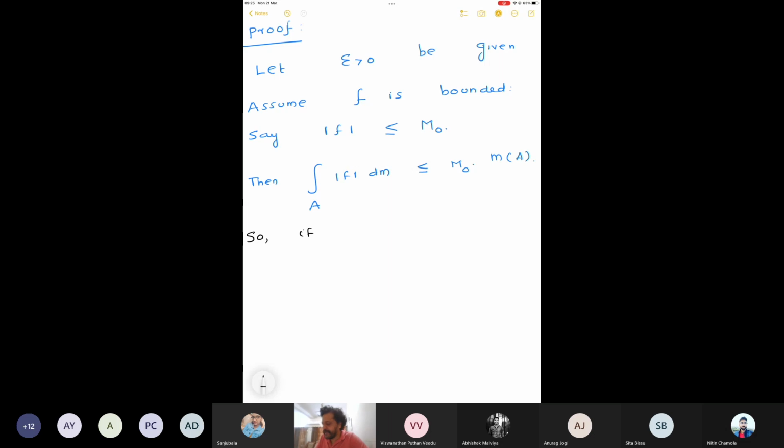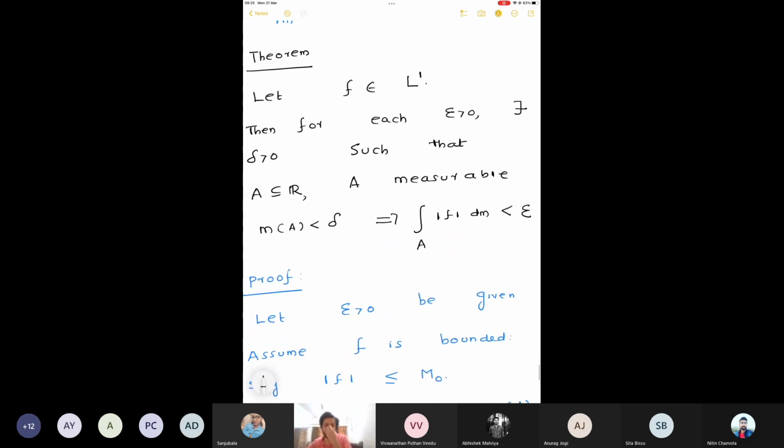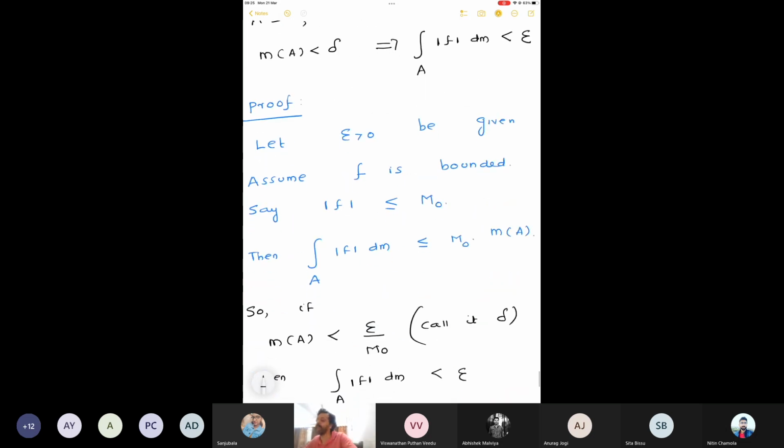So if measure of A is less than epsilon by m naught, call it delta, then integral over A of mod f dm would be less than m naught times epsilon by m naught, which is epsilon. So we are done. Given any epsilon, choose delta to be epsilon by m naught. Measure of A less than delta implies integral over A of mod f dm is less than epsilon. So things are fairly straightforward if the function is bounded.